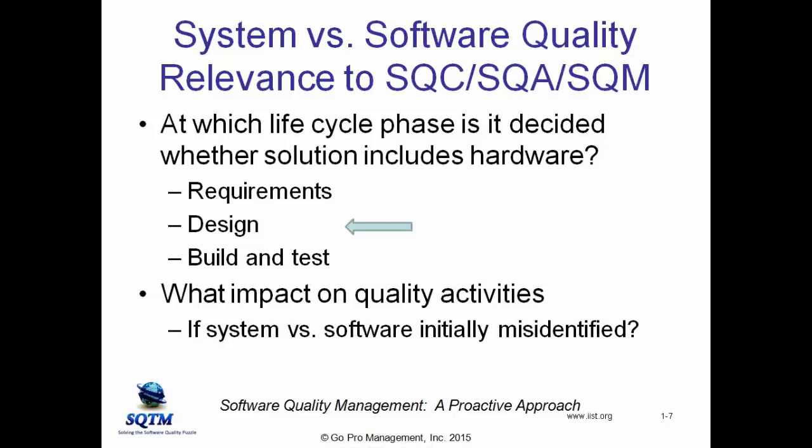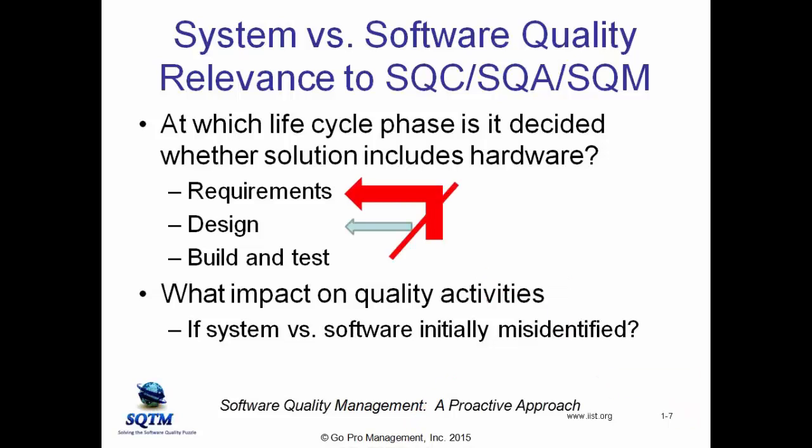And if the organization makes distinctions about whether or not it's expected to use hardware, and that determination is made inconsistently or incorrectly, then things are going to get out of kilter. If you've decided that something is going to have a hardware component, and you're putting activities and responsibilities in different organizational groups, you're doing that before you've reached the design point when you have sufficient information to determine whether the solution is a system or software solution.